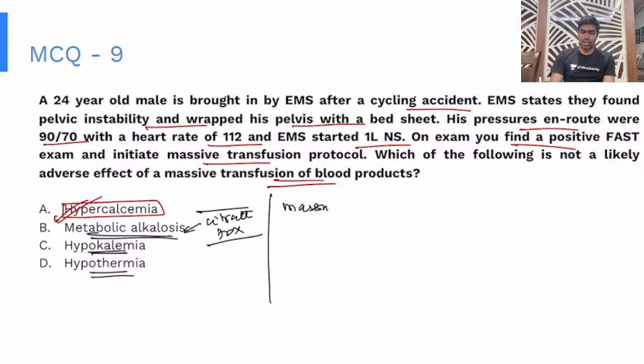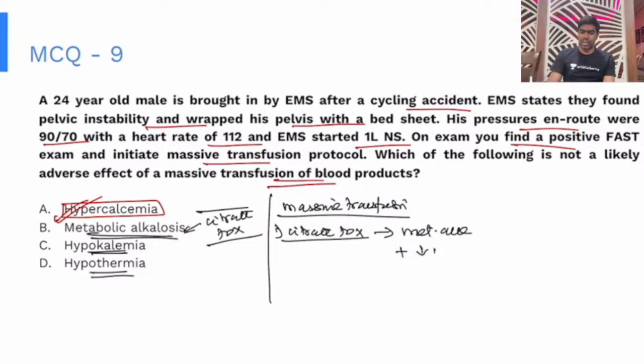So what are the problems of massive transfusion? Whenever you talk about massive transfusion, what are the problems that you're going to face? Number one, citrate toxicity. This is the most important. Citrate toxicity is going to result in metabolic alkalosis, and along with that, reduced ionic calcium. Remember, the total calcium may still be normal, so you should not confuse that. What you're going to see is low levels of ionic calcium.